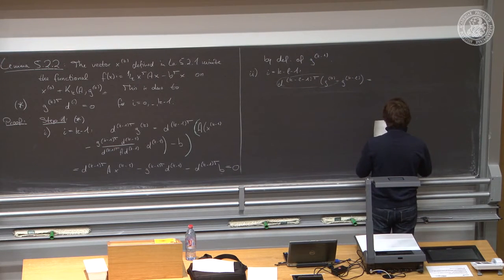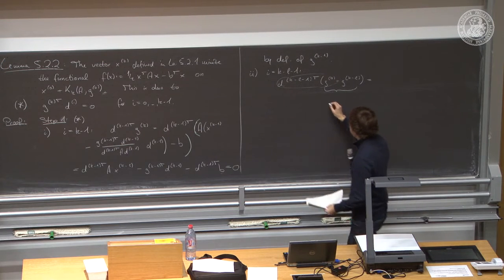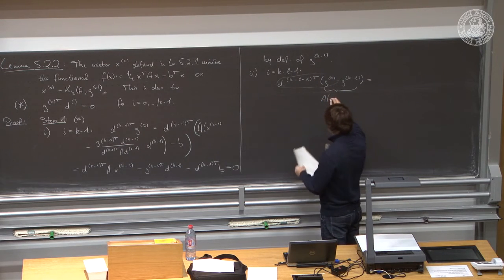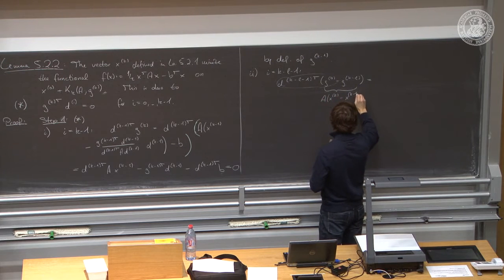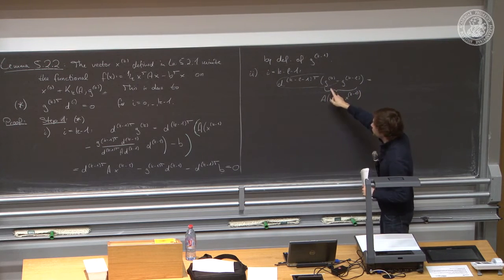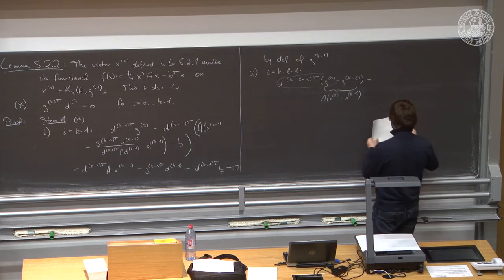But this here is nothing but A times x_k minus x_{k-1}, also by the definition of our gradients, minus b plus b.